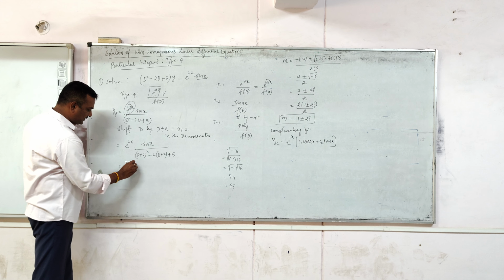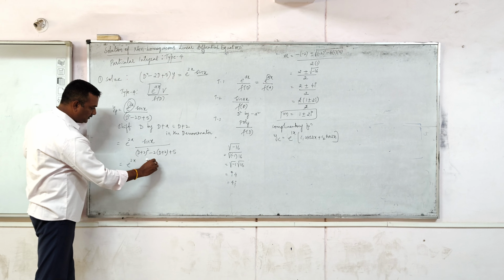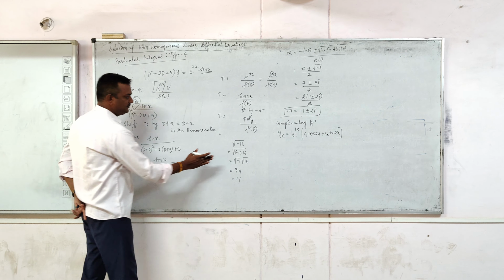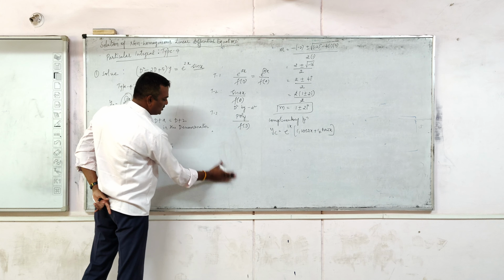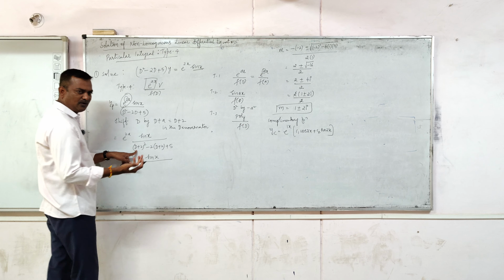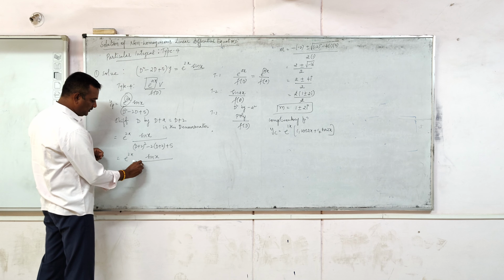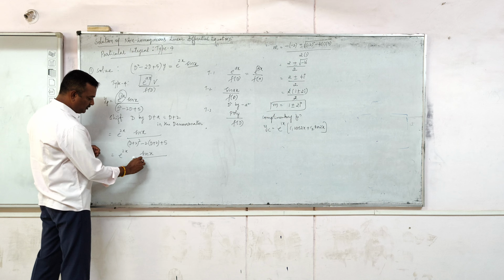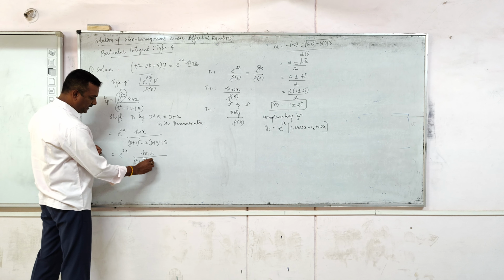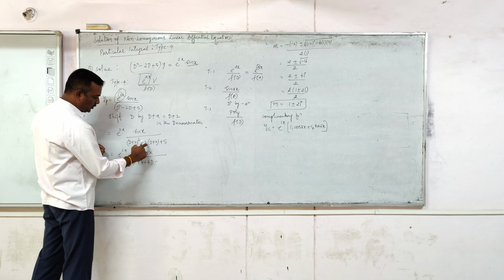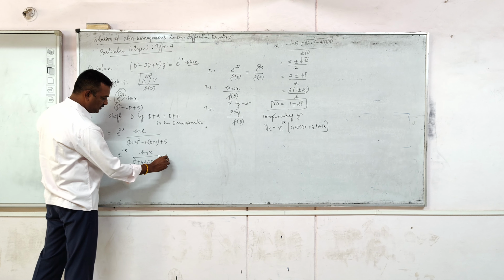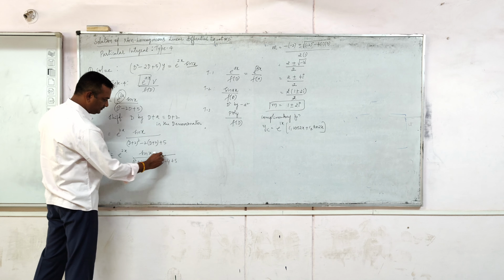e raised to 2x into sin x divided by d plus 2 whole square minus 2 into d plus 2 plus 5. d plus 2 whole square is a plus b whole square. What is a plus b whole square? d square plus 4 plus 4d, minus 2 into d is 2d, minus 4, plus 5.